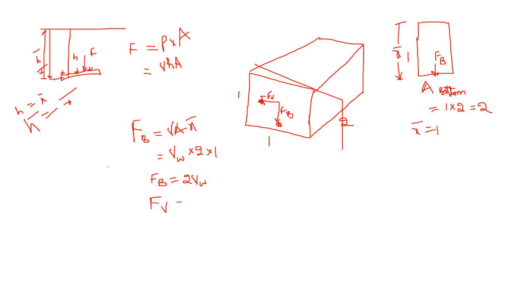all these things are important from the perspective of GATE, IES, some public service commissions. You should keep it in your mind. Gamma into area into x bar. Then you will get gamma water into area is 2. For vertical, x bar will become half.